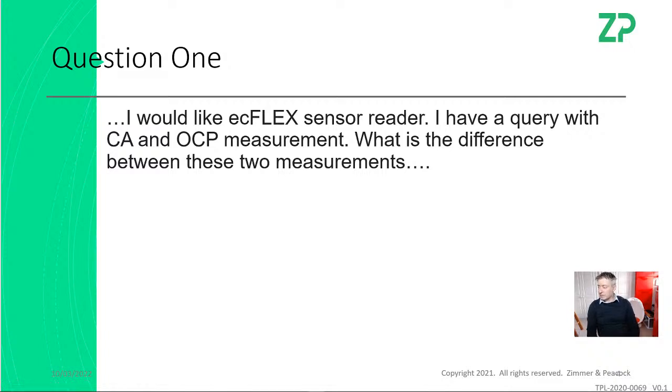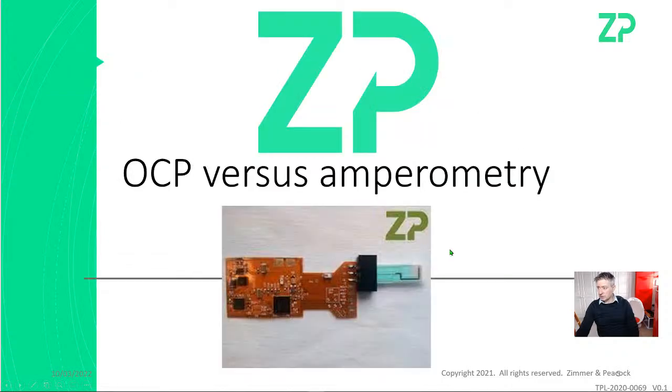So somebody like an ecFLEX reader, they have what they call CA, chronoamperometry, and open circuit potential. What's the difference between the two measurements? So this is our ecFLEX hybrid. This is the circuit itself. This is the sensors. And you can either put into there what I would call ion selective electrodes.